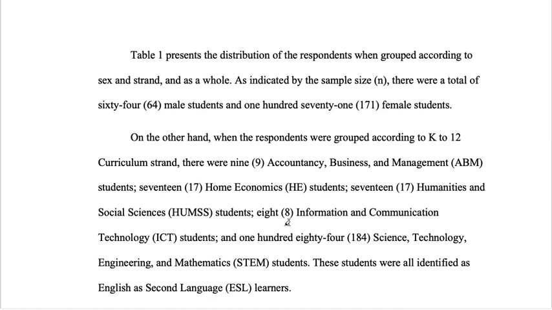Okay. First things first, the first tip that I'd like to give to you is number 1, state where your data is located. For example, Table 1 presents, take note. So what does Table 1 present?